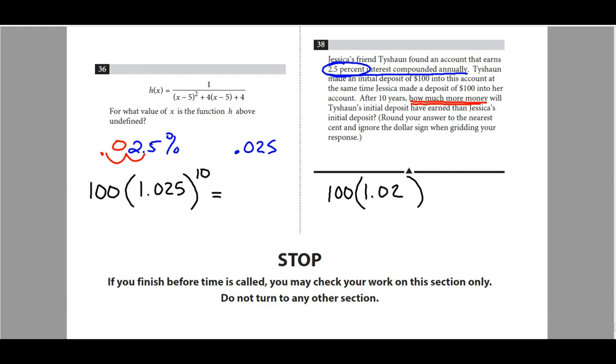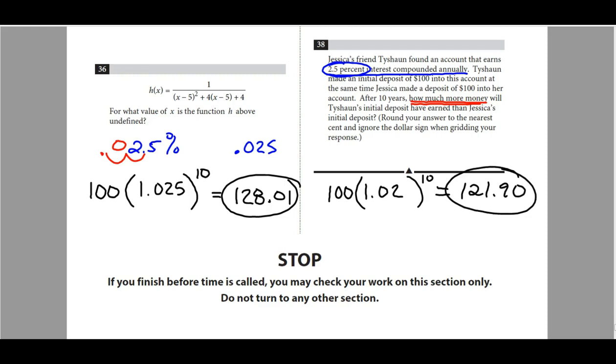Hers was 0.02 because she was only 2% for 10 years. And we're going to calculate both of these. And his account, when I put this in my calculator, came out to be $128.01. Her account came out to be $121.90.